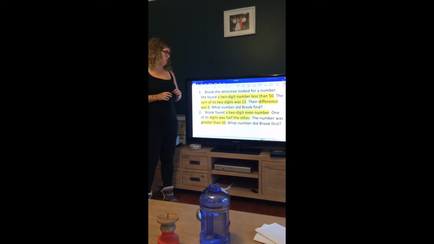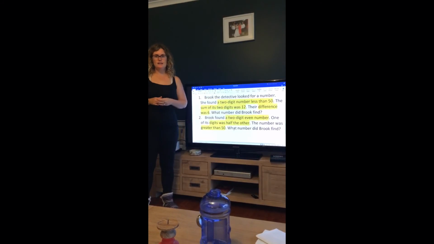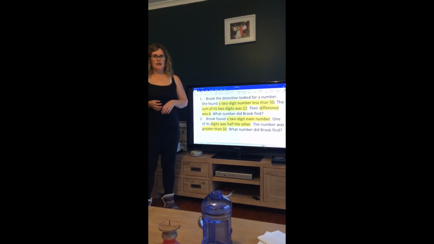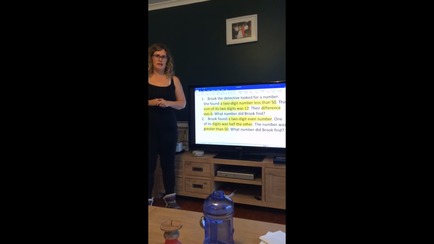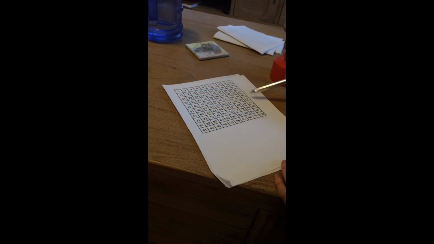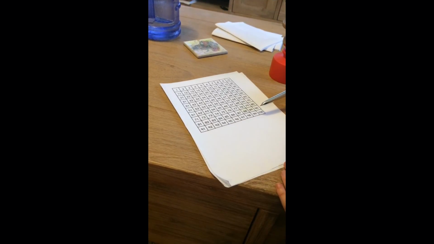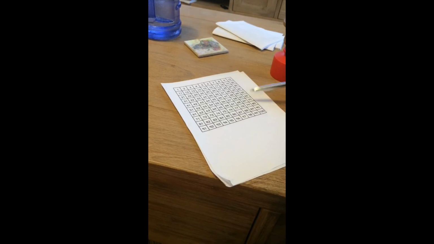Another way that you could work out both of these problems is you could use unifix and have the tens and units, and use the tens to represent x and the units to represent y. Another way for your children to solve the problem would be to use a 100 square.